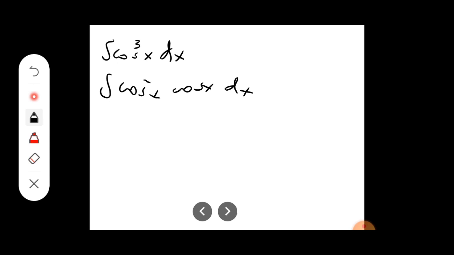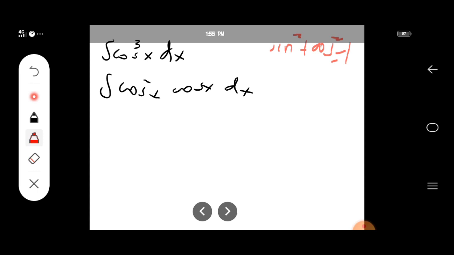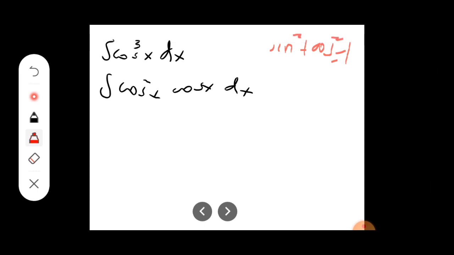Then what we want to do is change cos squared into 1 minus sine squared, and keep in mind that sine squared plus cosine squared is equal to 1. So we can move sine squared to the other side. If we do that, we get that cos squared x is equal to 1 minus sine squared x.